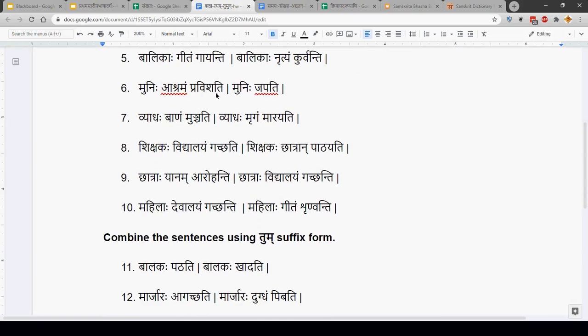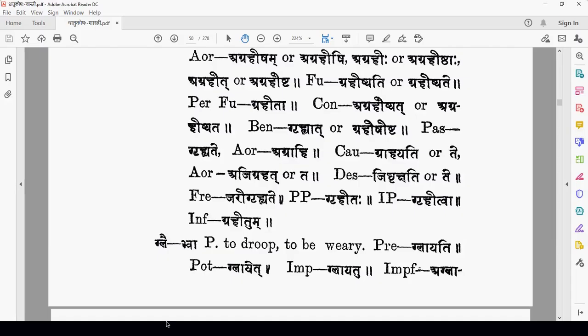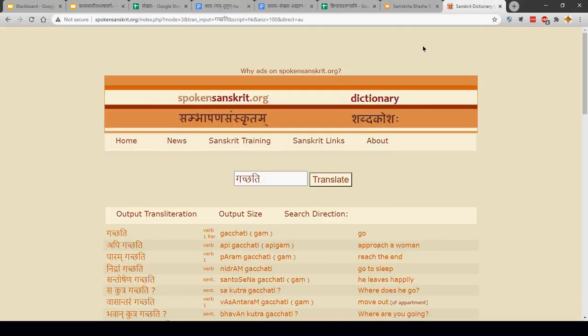Munihi ashramam pravishati, munihi japati, pravishya japati. Then vyadha banam munchati. So here munch is the dhatu, much. Munchati becomes muktva. Actually, you don't know the dhatu, so you go here.